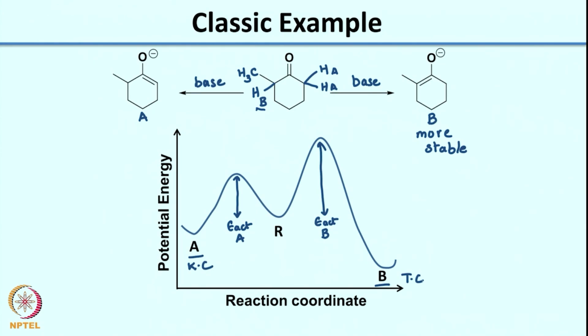Now how can we get the reaction to actually go under kinetic control or thermodynamic control? For that, one way to get the reaction to go under kinetic control is to set it up at a very low temperature. When you do a reaction under low temperature, the molecules have a much lower energy as compared to room temperature or higher temperature.